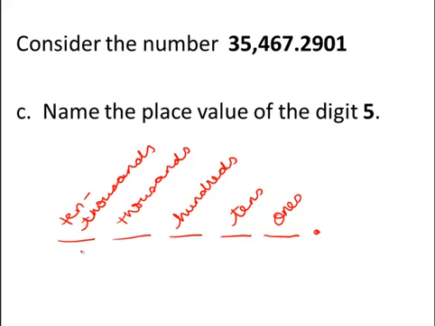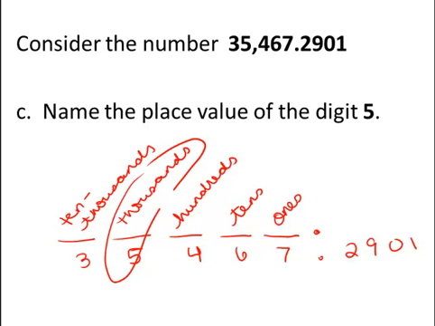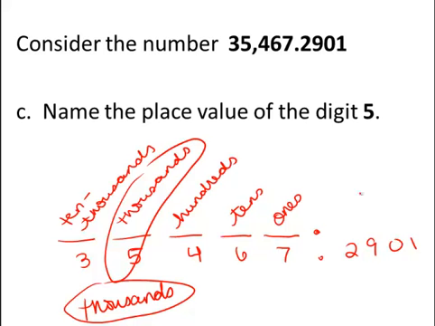Lining up the number which I have, we can answer the question, name the place value of the digit 5. Well, the 5 is in the thousands place. And we'll move on to part D of this question.